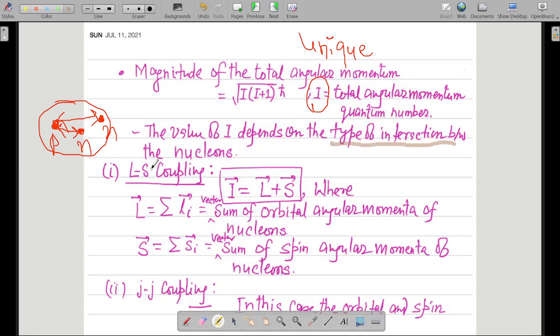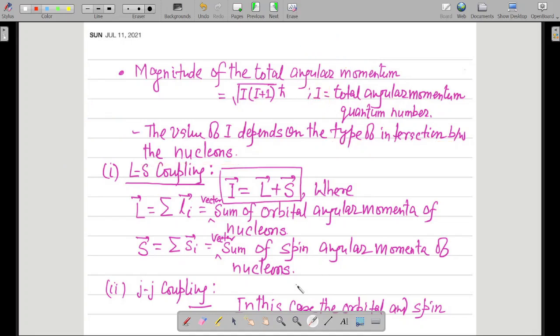Different are the nuclei, different is the filling of nucleons. In different nuclei, the nucleons will be filled in a different manner, so there will be different types of interaction. So the value of I will be different for different nuclei. That's what it means.